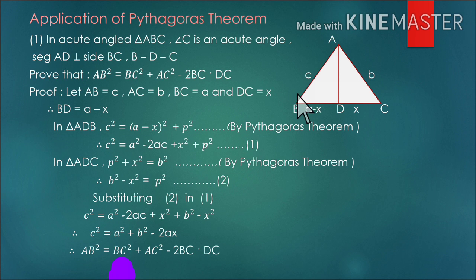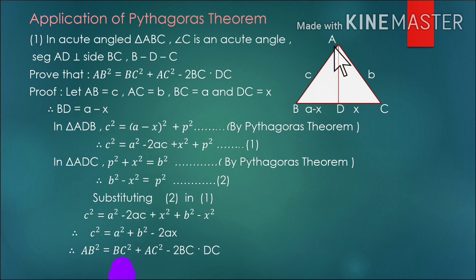So AB square is equal to BC square plus AC square minus 2 BC into DC. So let's prove that. First, consider AB as c, AC as small b, BC as a, then DC as x, and BD is a minus x.